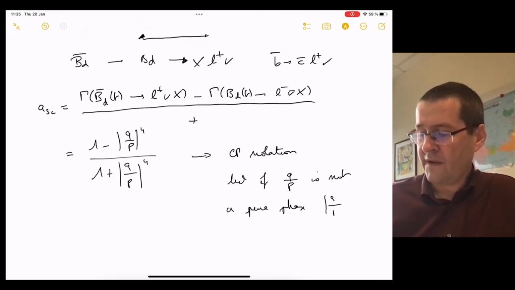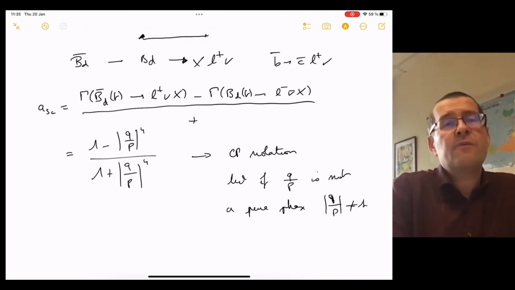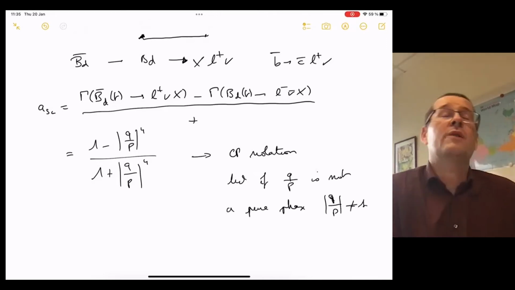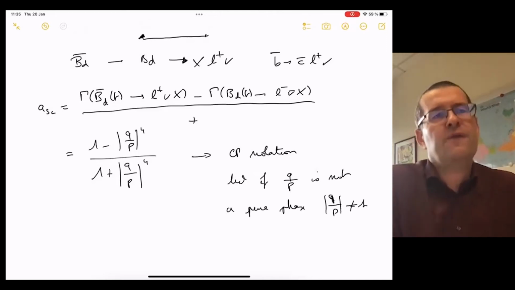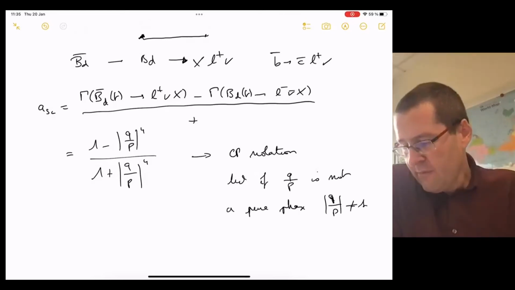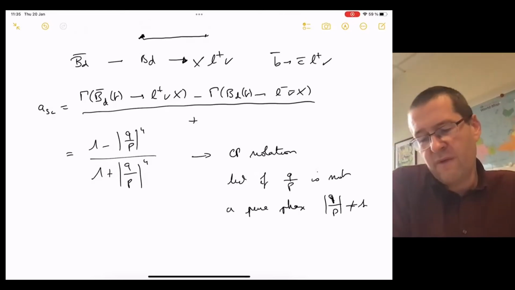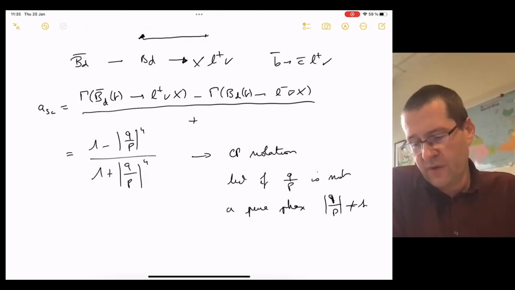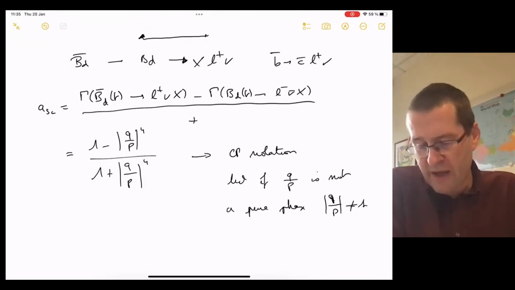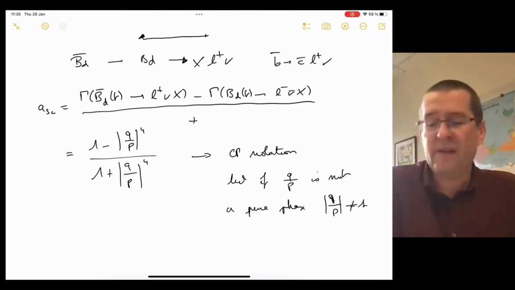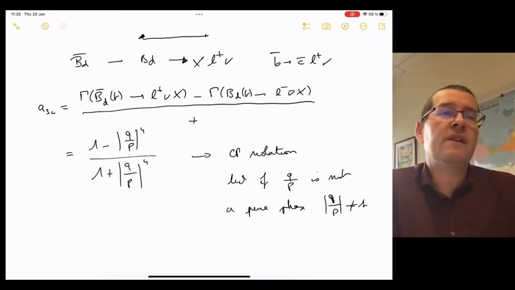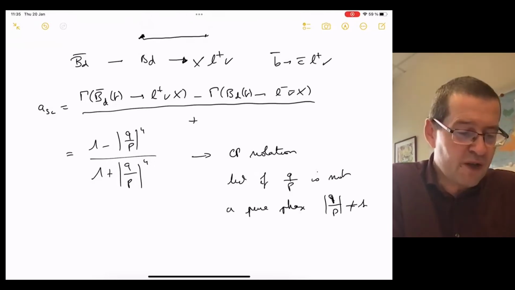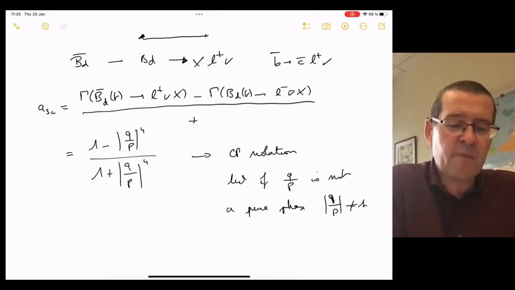As I said before, in the case of BD and BS, it is a pure phase. It's very close to being a pure phase, more exactly. But in principle, you can use this to constrain the size of higher order effects that would make this not a pure phase. In particular, we're switching back and forth between the standard model and new physics.